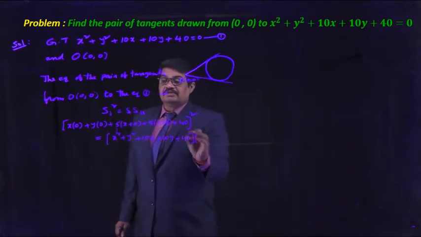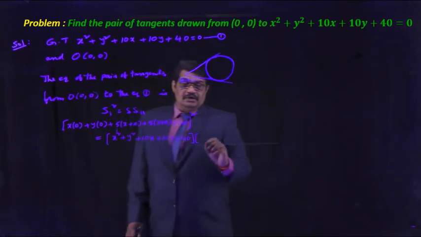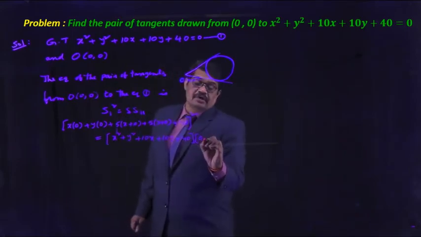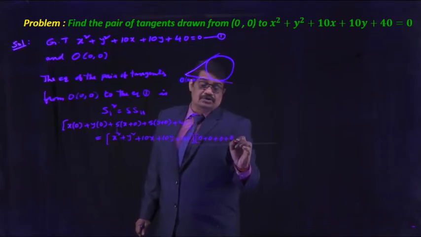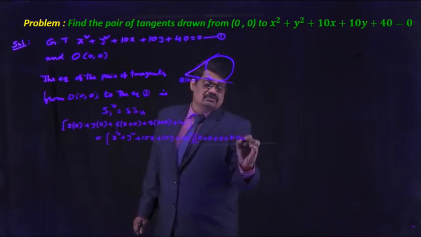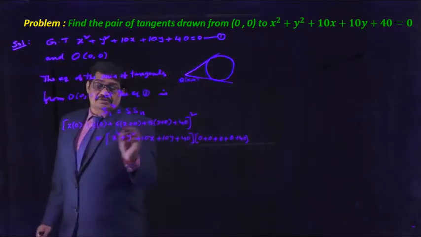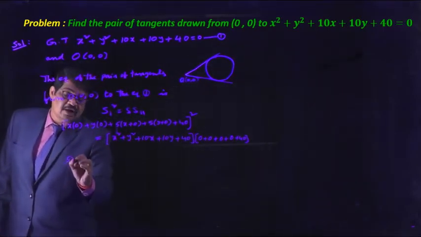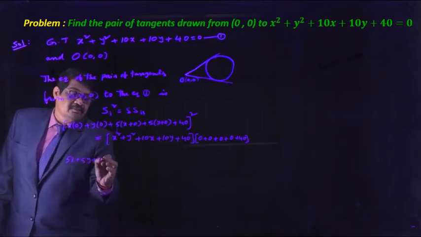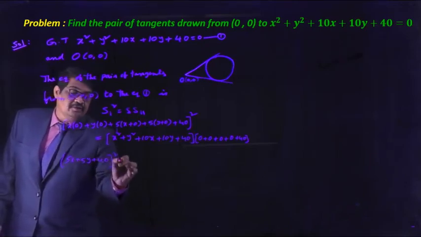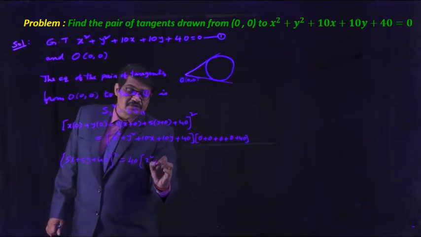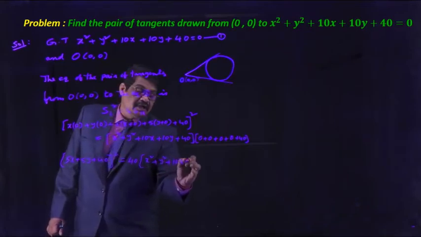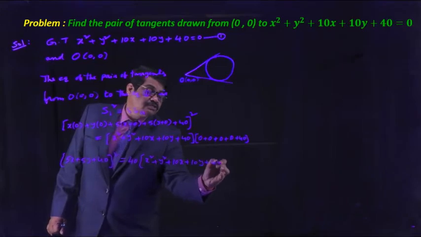Here S11 is obtained by substituting (0, 0) in the given circle: x1 square is 0 square, y1 square is 0 square, 10x1 is 10 into 0, 10y1 is 10 into 0, plus 40, that is 40. Now this is the equation: in LHS, (5x plus 5y plus 40) whole square is equal to 40 into (x square plus y square plus 10x plus 10y plus 40).